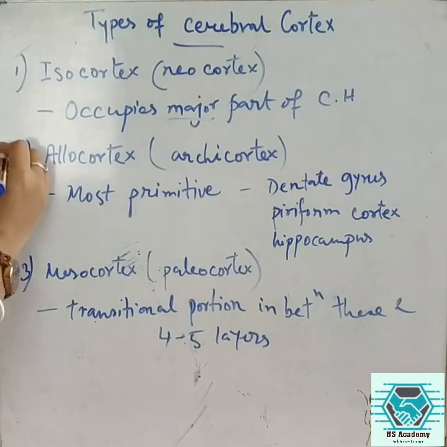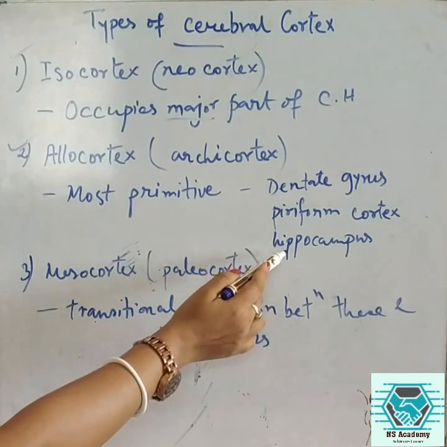Next, the allocortex. It is also known as archicortex, and it is most primitive. The first species with cerebral cortex had allocortex only. So it is very primitive and uniformly 3-layered, like dentate gyrus, piriform cortex, hippocampus.